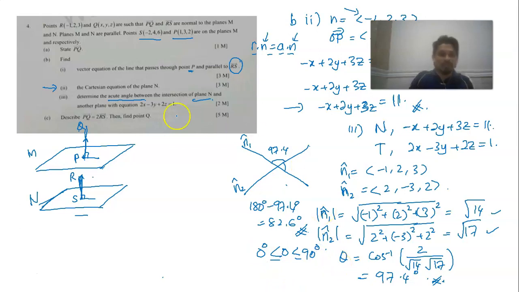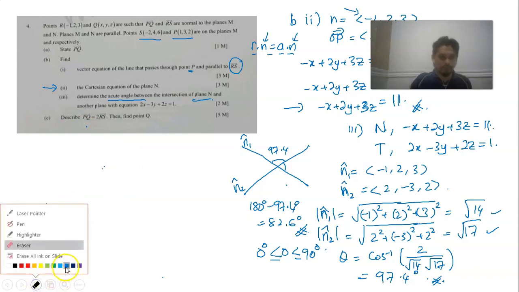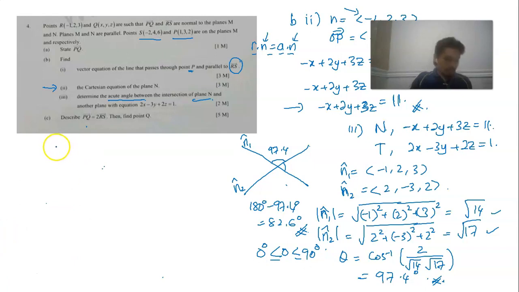Now question C: given PQ equals 2RS, find the point Q. So PQ equals 2 times RS.